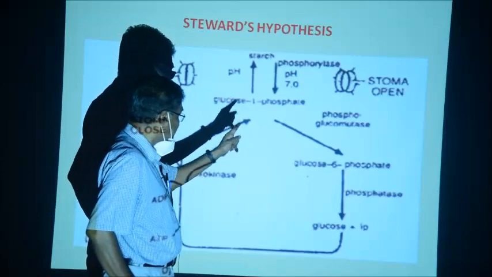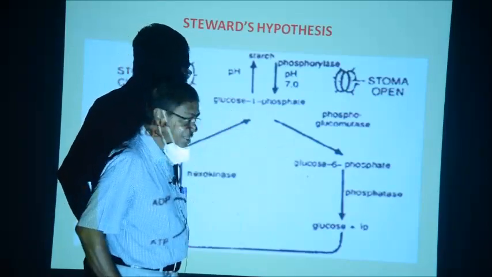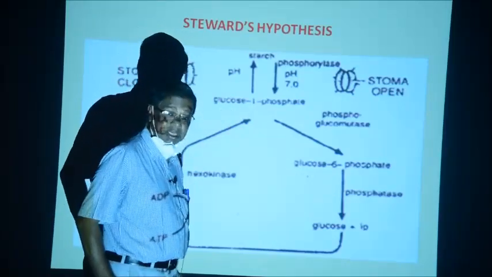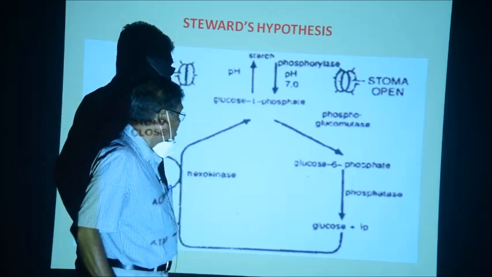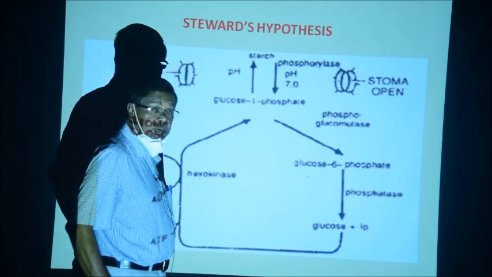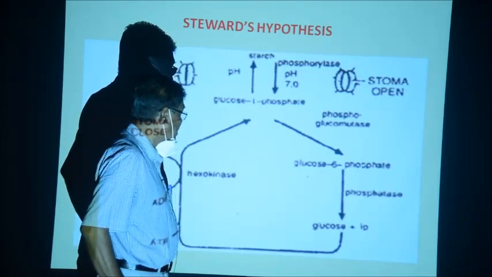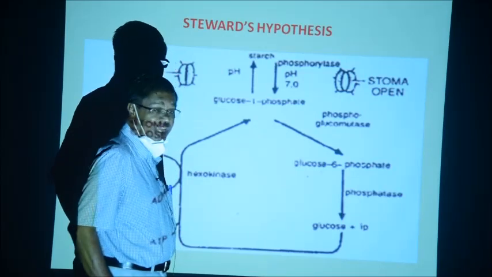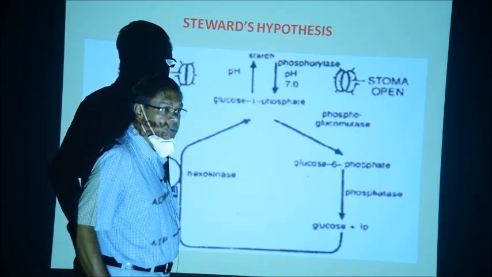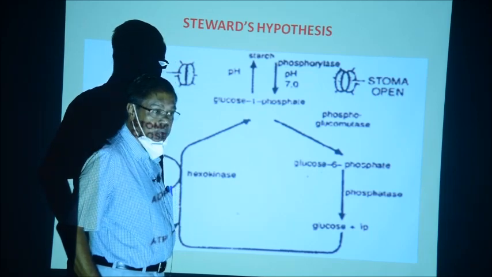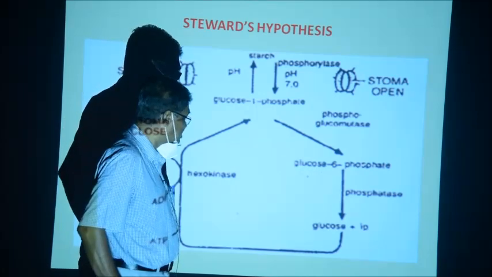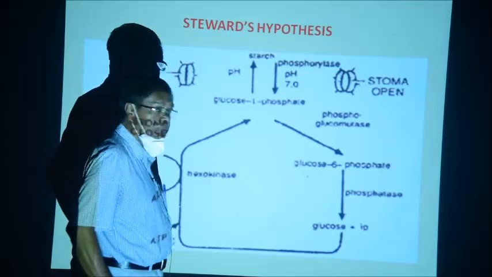Glucose 1-phosphate changes to glucose 6-phosphate, and this is carried out by an enzyme called phosphoglucomutase. Mutation means change. Because it is glucose and phosphate is attached, it is called phosphoglucomutase.